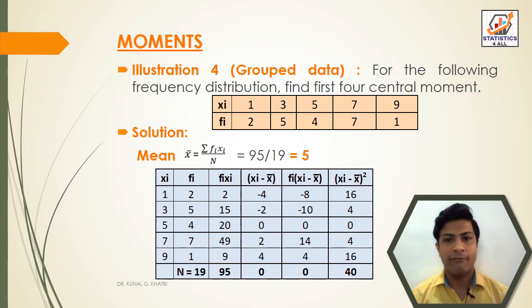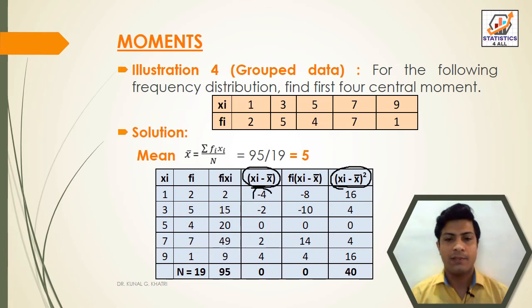Now after finding first central moment, we'll go for second central moment. For that, we have to find first xi minus x bar whole square. So we'll take the square of xi minus x bar.